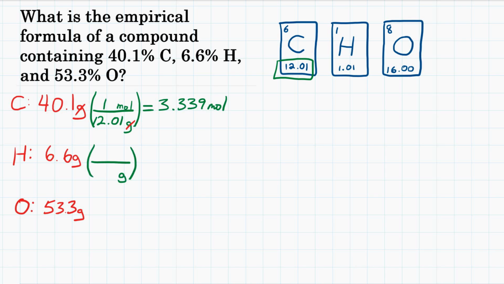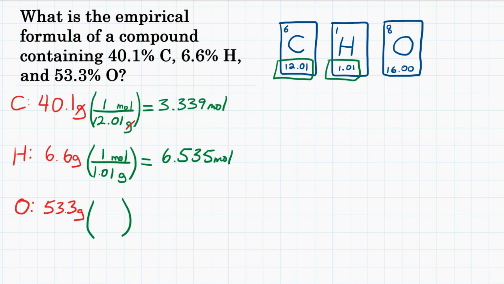So we're going to do the same thing for hydrogen and oxygen. We want to get rid of grams. For hydrogen, 1.01 grams is 1 mole. We'll solve, and we see we have 6.535 moles of hydrogen.